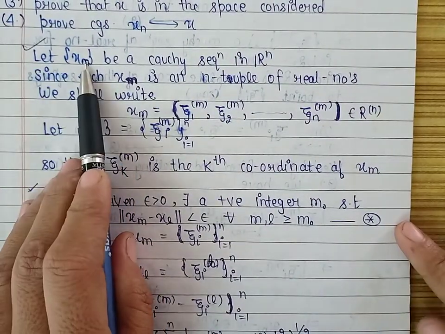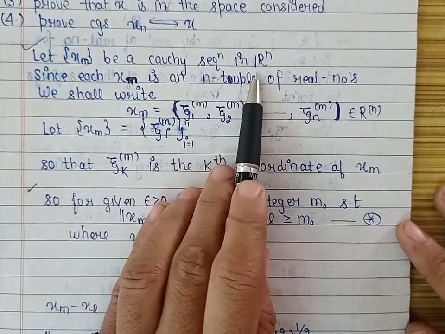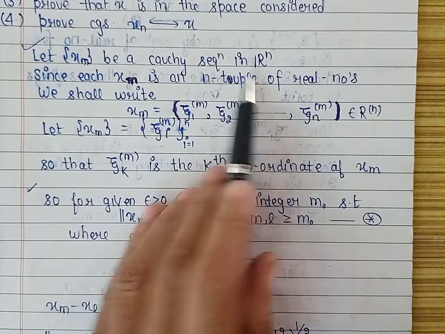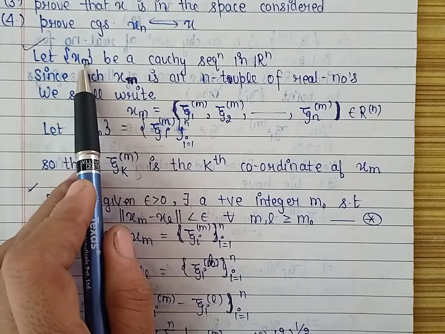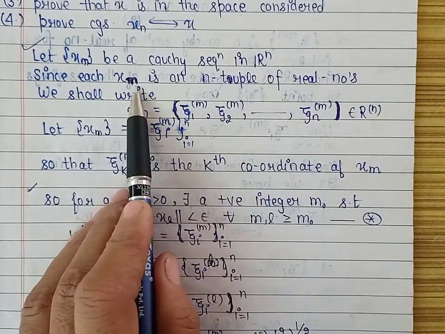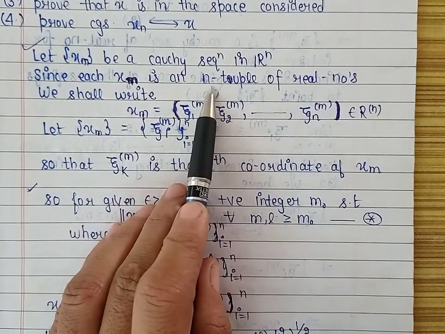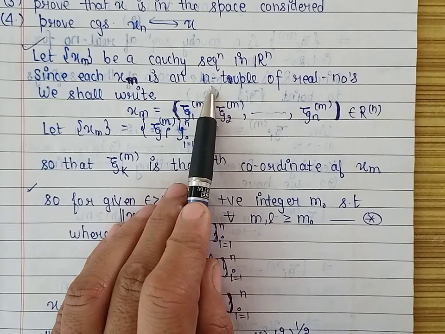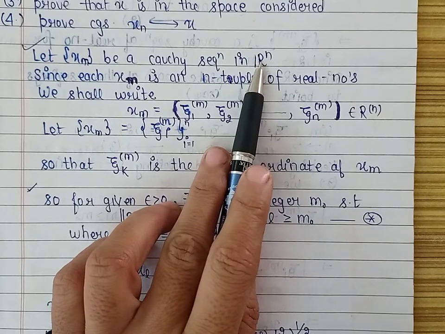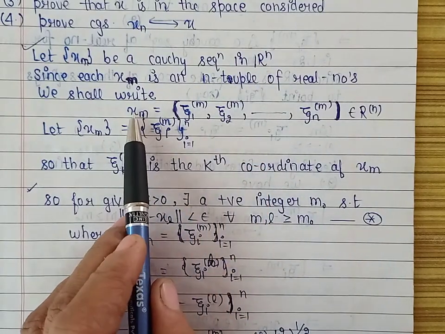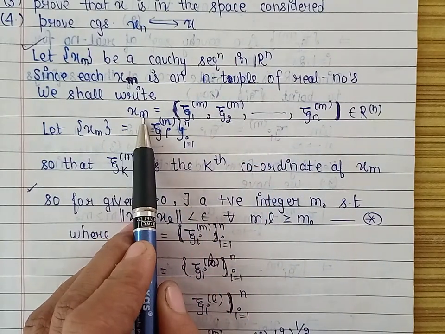So let xm be a Cauchy sequence in this space. Here each xm, because they belong to Rn, will be an n-tuple of real numbers.